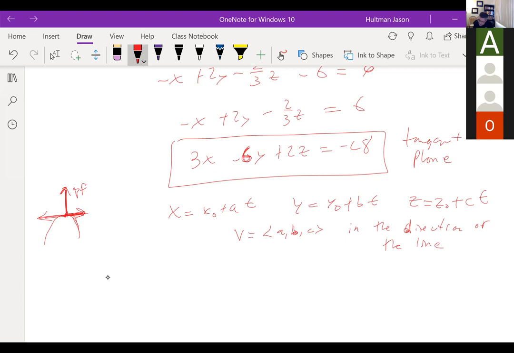But what are we saying is the direction of the line? The direction of the line is del F. Del F is the direction of the line. It's normal to the plane. So if we could find out what del F is, then that gives us our vector through a point. Given a point and a vector in the direction of the line, we get the line.